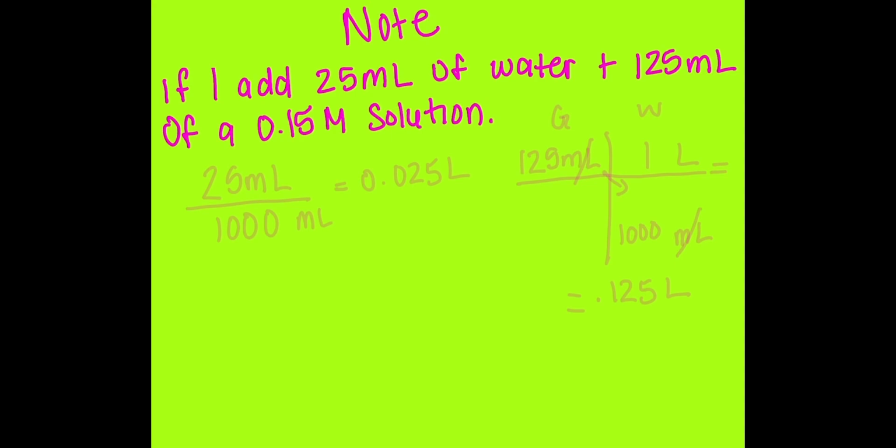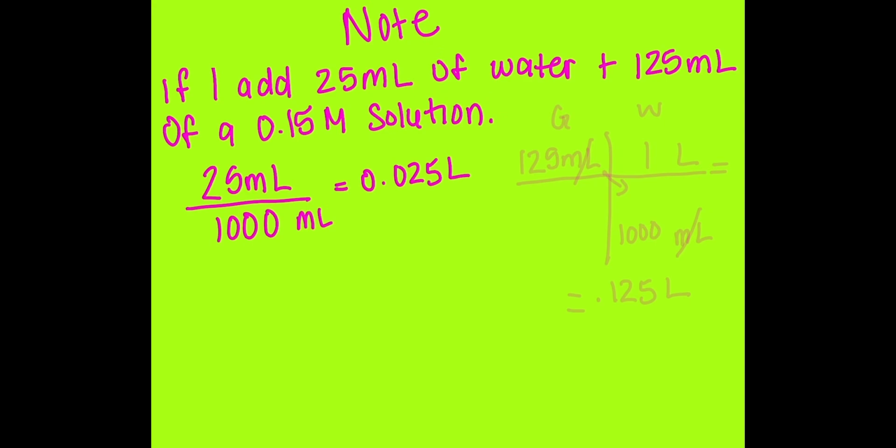You take your number of milliliters and literally divide it by 1,000. Once you divide it by 1,000, that gives you your number of liters, which in this case would be 0.025 liters.